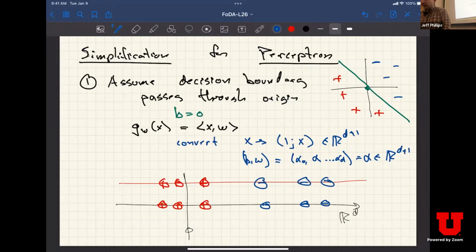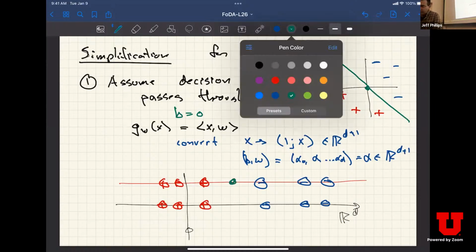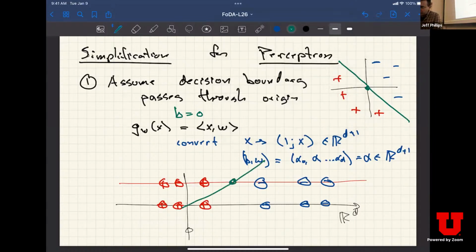then what I can do is say, now I want the linear classifier to go through here somehow, and so I can always draw it so it goes through the origin. Okay, so I can always do this. I can always lift them up, and then I can always draw it so it goes through the origin and it intersects at some spot.